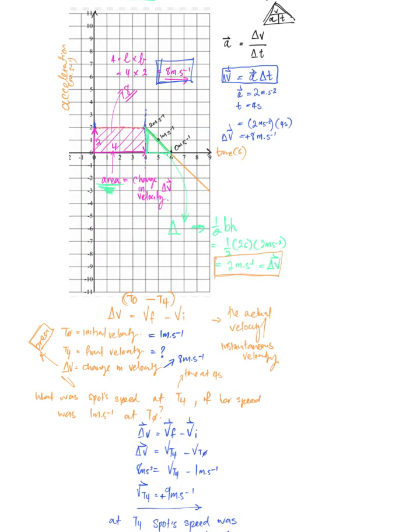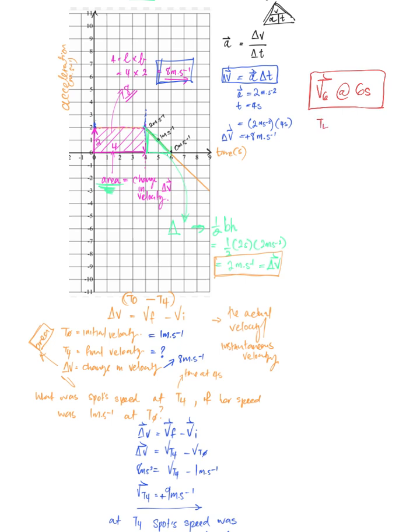So let's say I had to look at something else, for example. Let's say I wanted the velocity at 6 seconds. All right. Velocity at 6 seconds. If I wanted that area, I know some information.